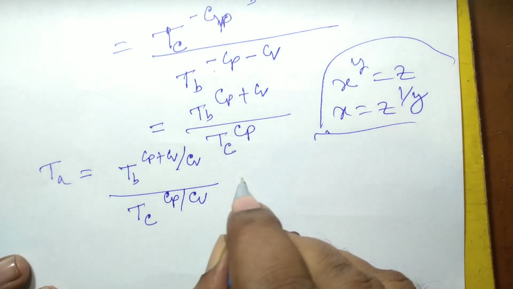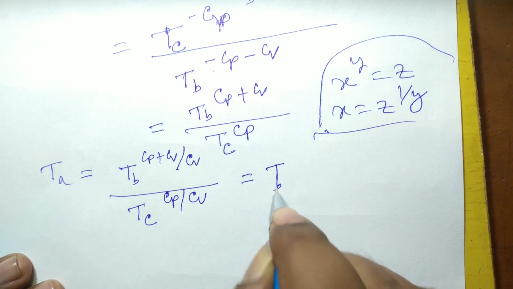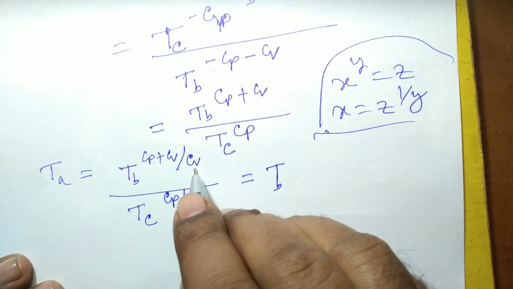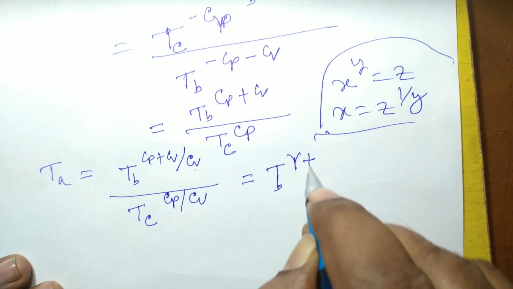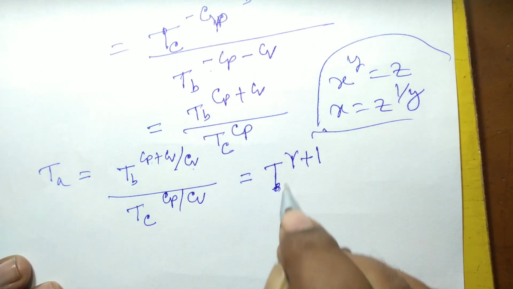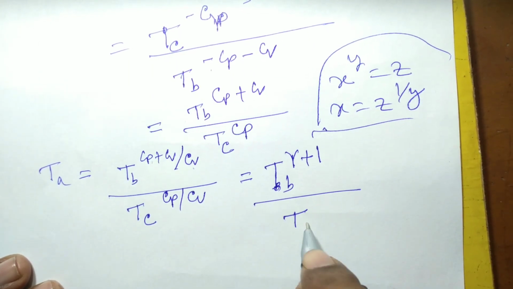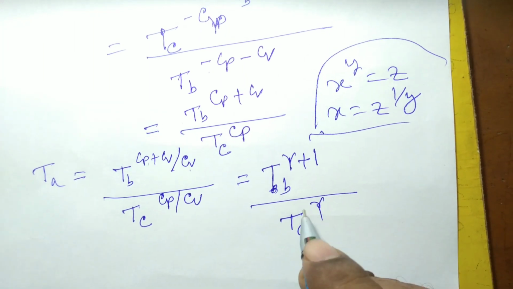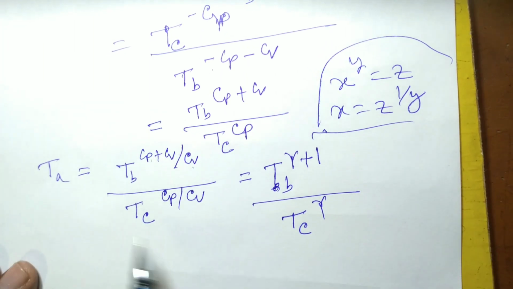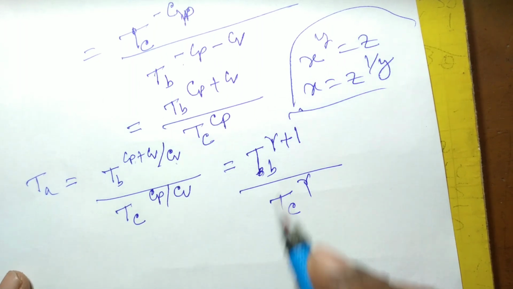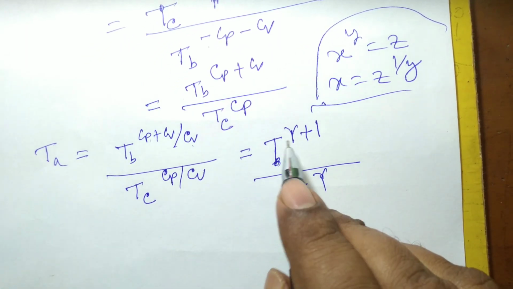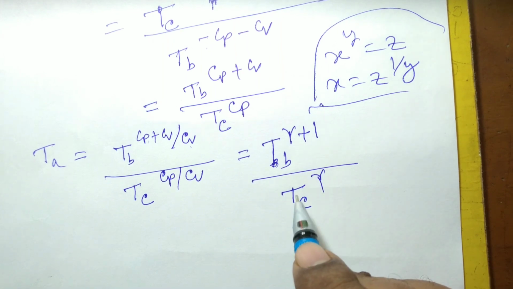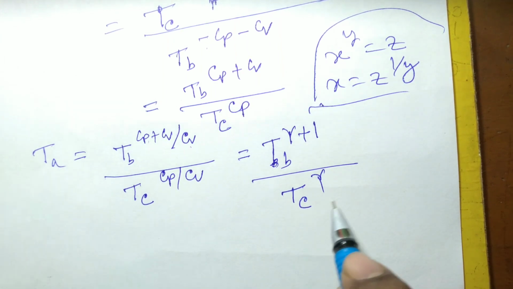This becomes Tb to the power Cp plus Cb divided by Cb, that is Cp by Cb plus Cb by Cb, which is gamma plus 1, divided by Tc to the power gamma. So this is the final expression: Ta is equal to Tb to the power gamma plus 1, where gamma is the ratio of specific heats, Cp by Cb, divided by Tc to the power gamma.